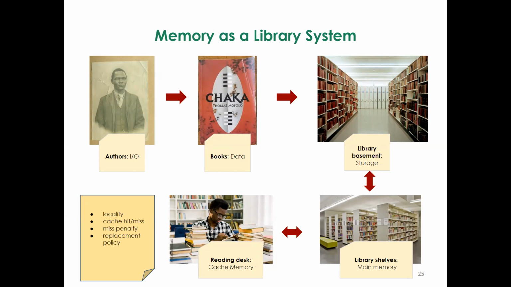But because of this management of register memory, cache memory, main memory, and storage memory, the computer system is able to give the end user, the system developer, an illusion that they actually have access to large, fast memory. All right, how?